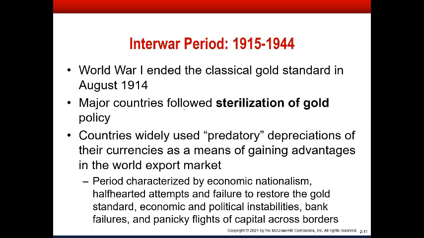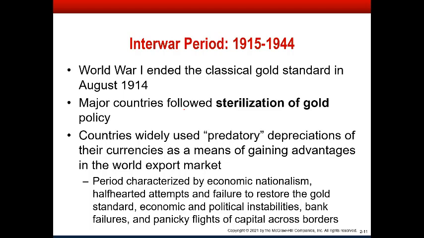Economic and political instabilities due to the high unemployment associated with the Great Depression, financial crises, and flights of capital across borders, especially as the Nazis came to power in Germany, and that got people worried about another war breaking out, and that caused a lot of businesses and private individuals to send money to safe havens, and at that time that was largely the United States.